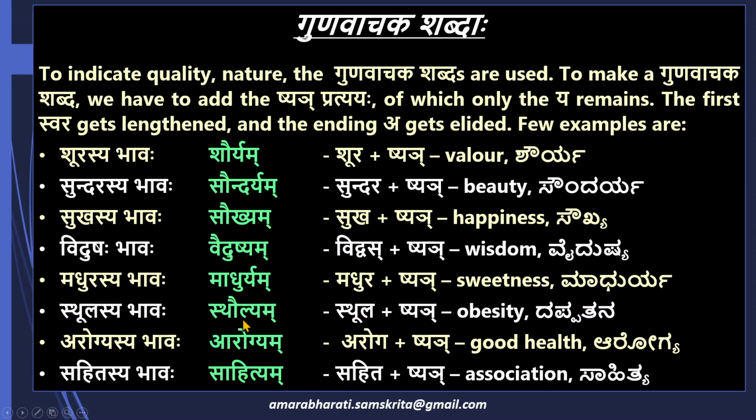Sthulasya bhavaha staulyam, obesity. We saw this word in this subhashita in this chapter. Arogasya bhavaha arogyam, good health. Sahitasya bhavaha sahityam, means association. Shauryam, saundaryam, saukhyam, vaidushyam, madhuryam, staulyam, arogyam, sahityam.